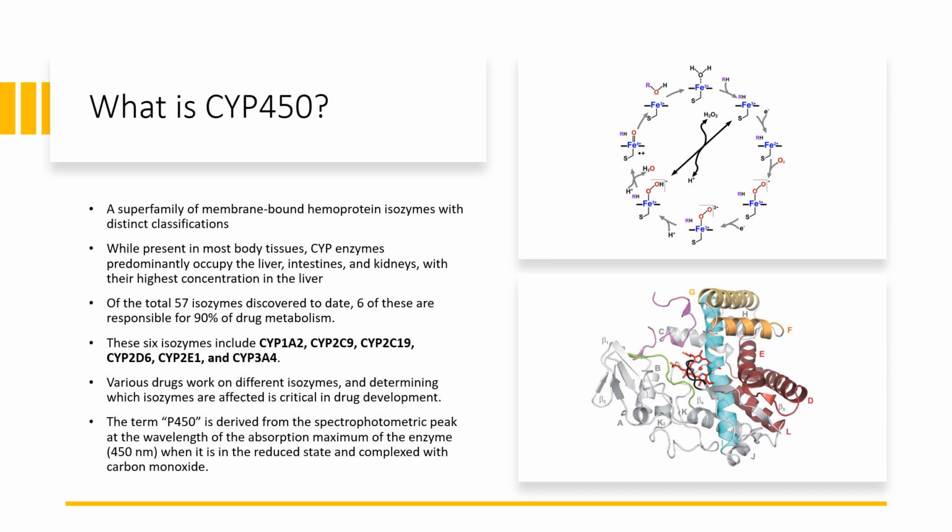A further single electron reduction by the redox partner generates the ferric peroxo intermediate, which is protonated to form the transient ferric hydroperoxo species.